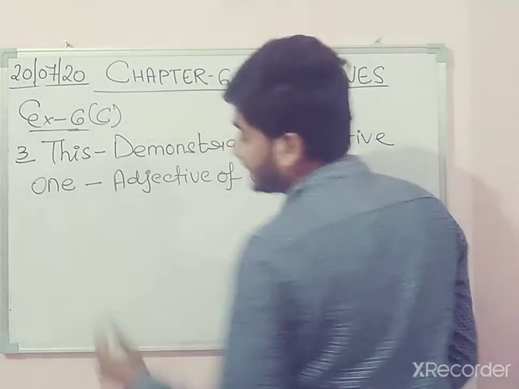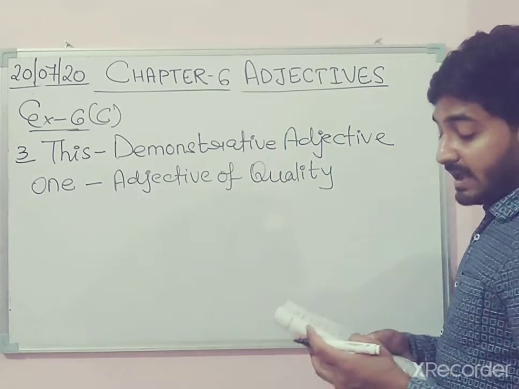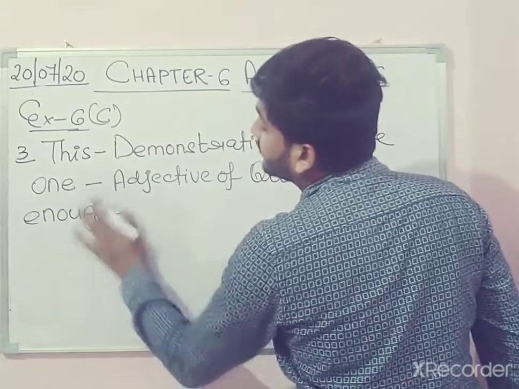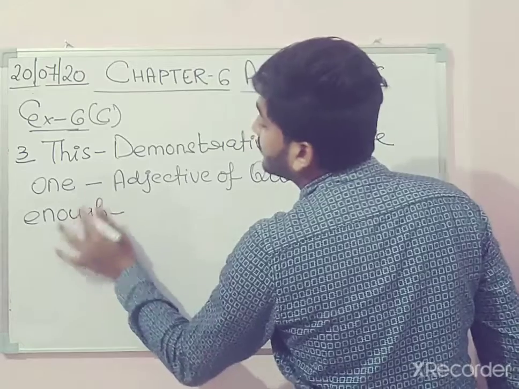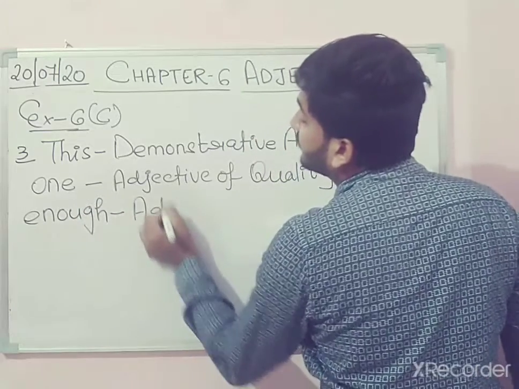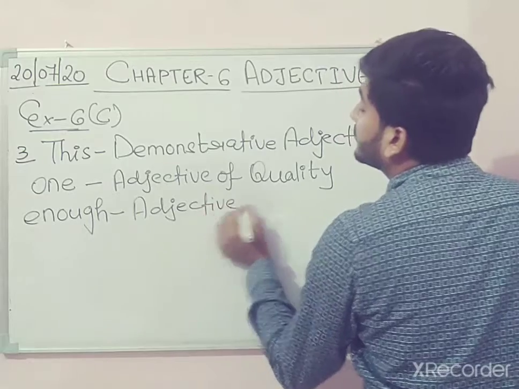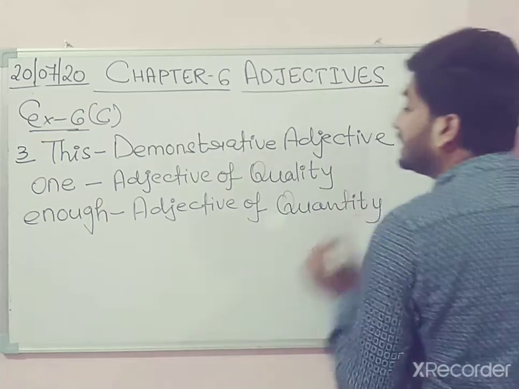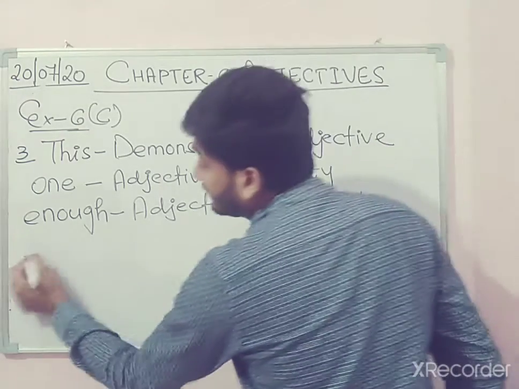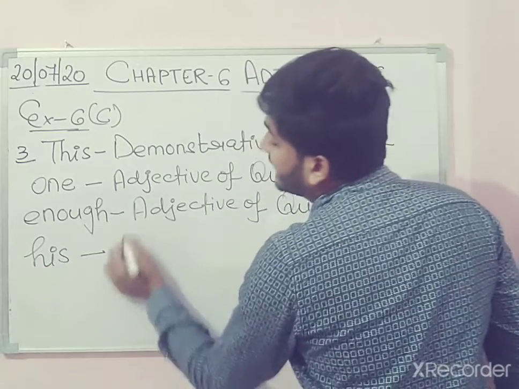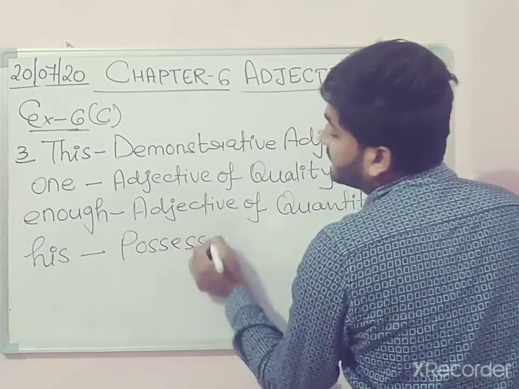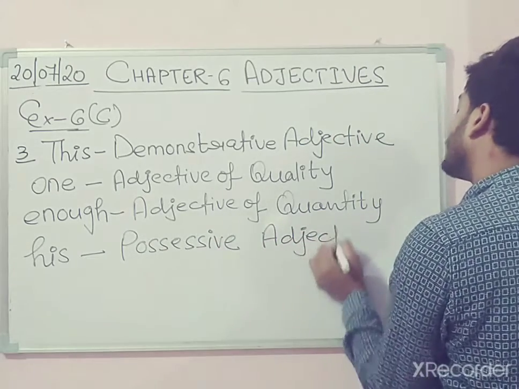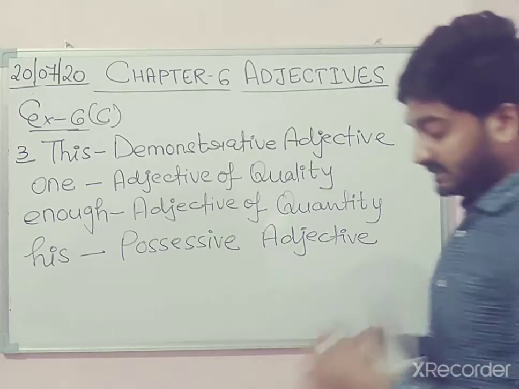Adjective of quality. And the old man had enough food. How much food? Enough food. That's mean we are answering the question. How much? Adjective of quantity, because we cannot count food. Quantity. Enough food for his family, showing possession on family. That's mean his is possessive adjective. This is number 3.